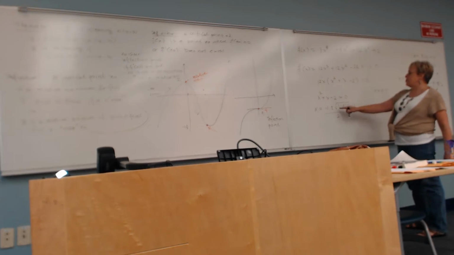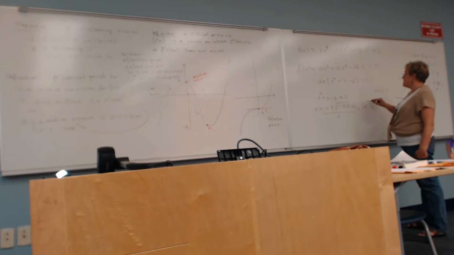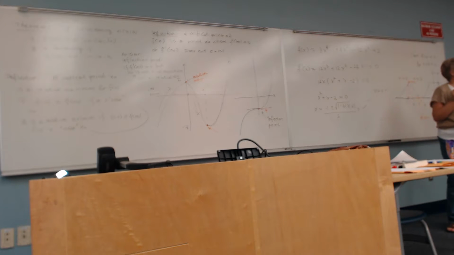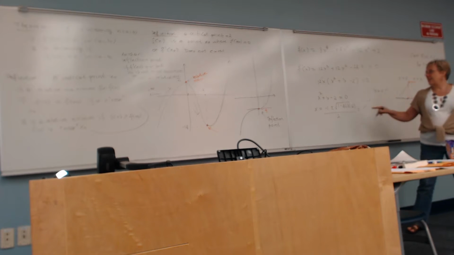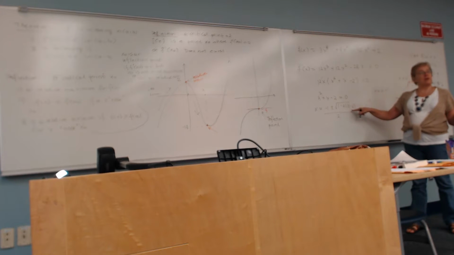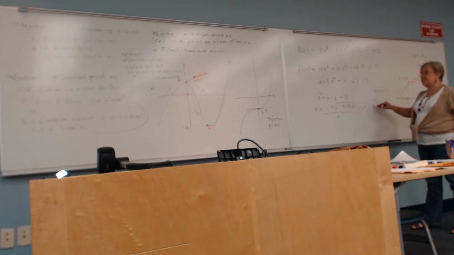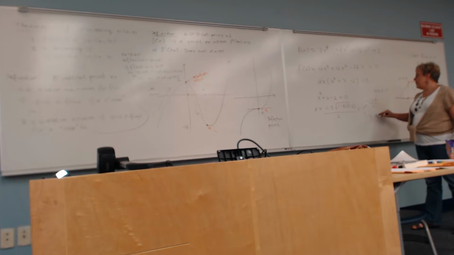So we get, with the plus, minus 1 plus the square root of 9, since minus 4 times minus 2 is plus 8, plus 1 is 9, over 2. That gives minus 1 plus 3 over 2, and minus 1 minus 3 over 2.